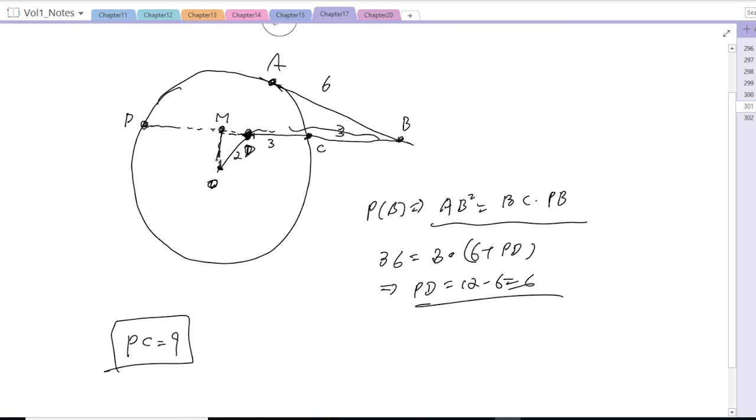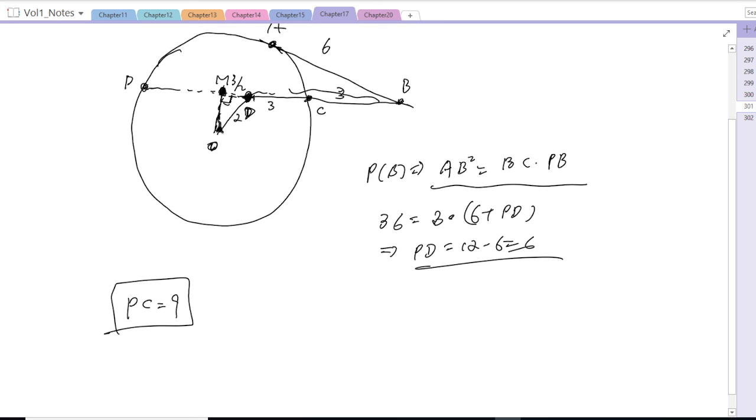Once we know the chord PC is 9, because this is 90 degrees, from this one we'll always draw a perpendicular because M is the midpoint. So we know it's 9 over 2, right? So this 6 over 2 is 3 over 2. Now it's easy. Okay, we can use the triangle MDO. So MDO is a right triangle, right?